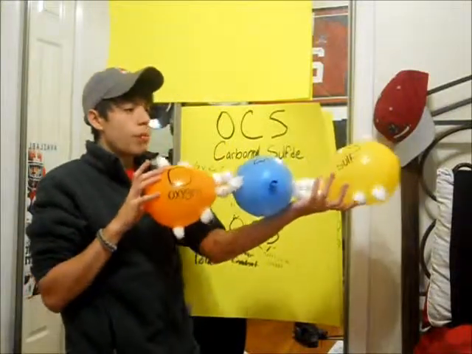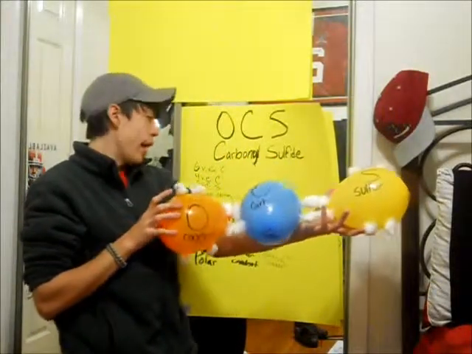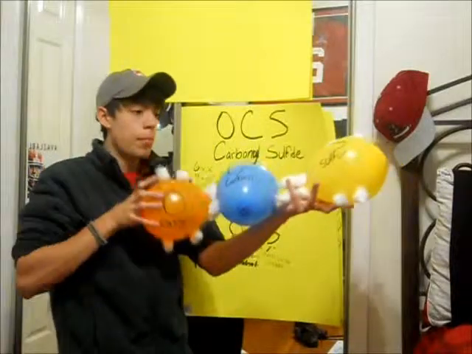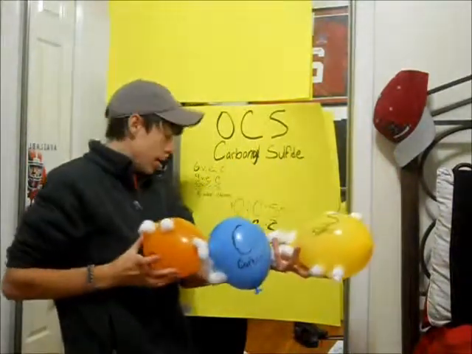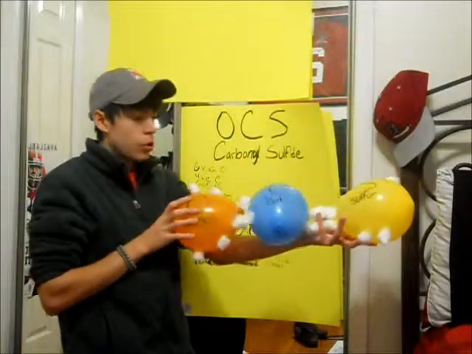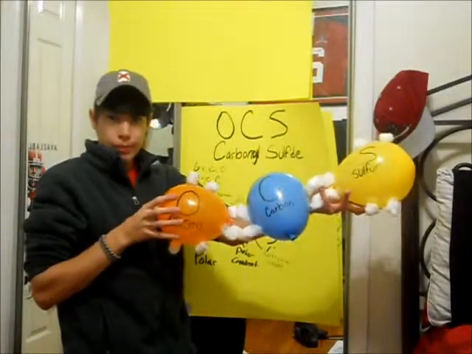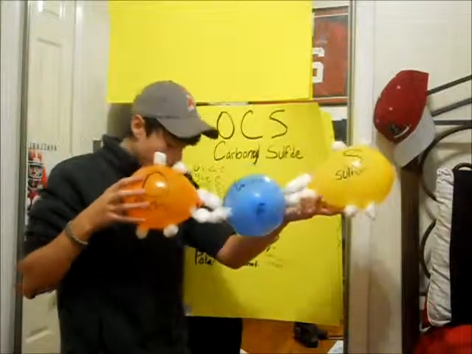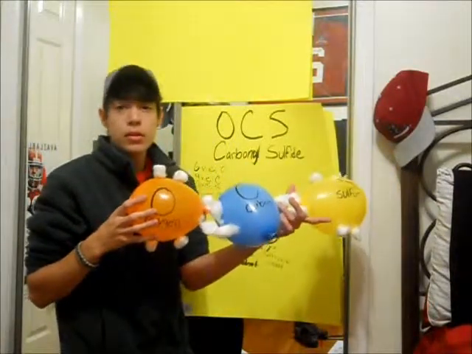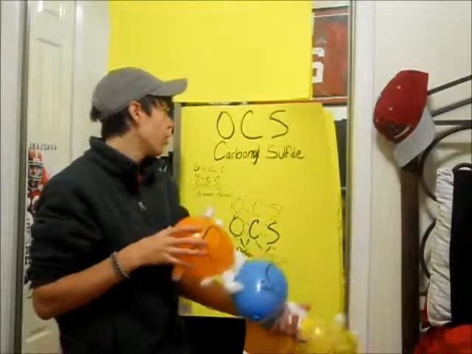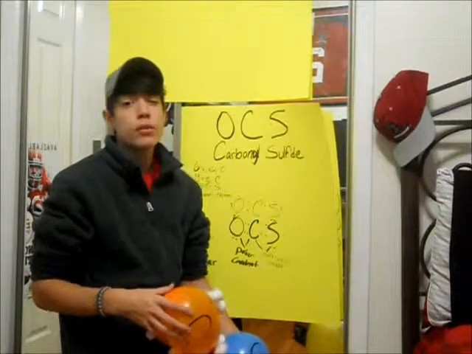Also, this is a polar compound with a non-polar covalent bond between carbon and sulfur, and a polar covalent bond between carbon and oxygen. There are 2 double bonds, and that is the Lewis structure for carbonyl sulfide, OCS.